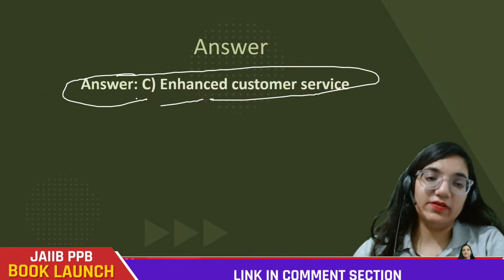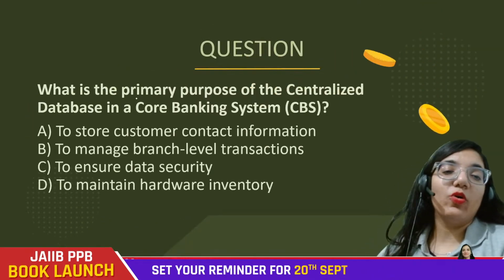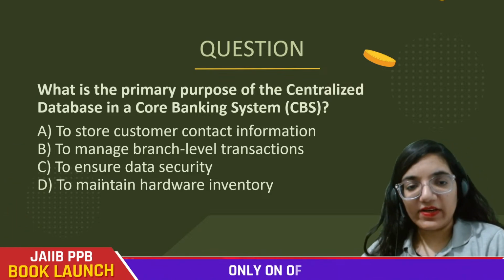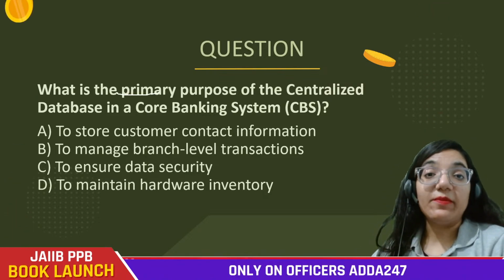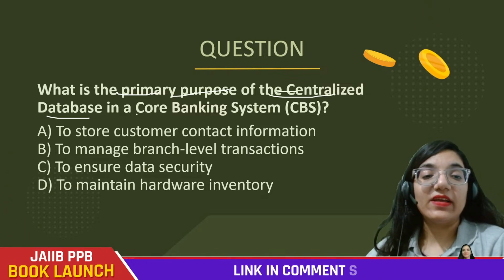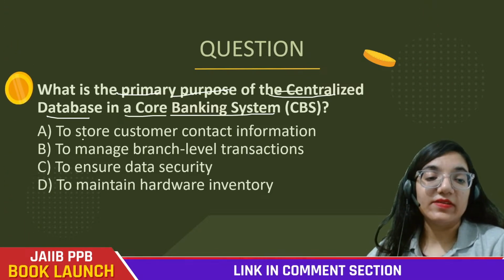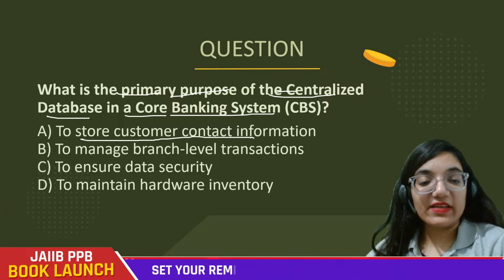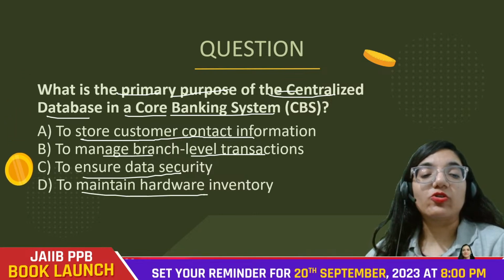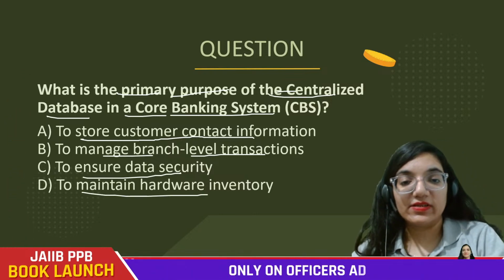Right, let's look at the last question for the day. It's actually a different kind of question. What is the primary purpose of the centralized database in a core banking system? To store customer contact information, to manage branch level operations, to ensure data security, or to maintain hardware inventory?